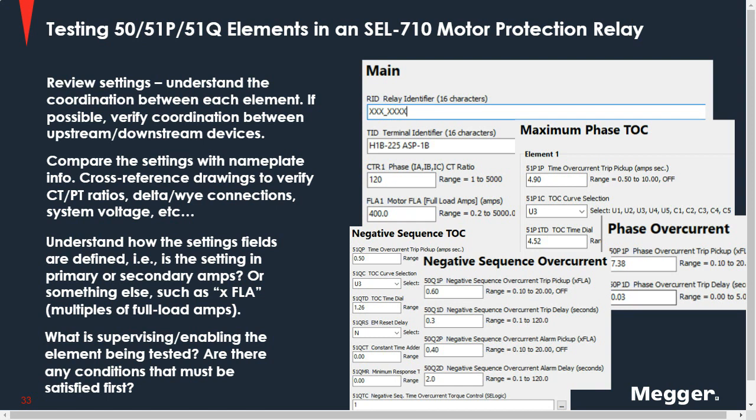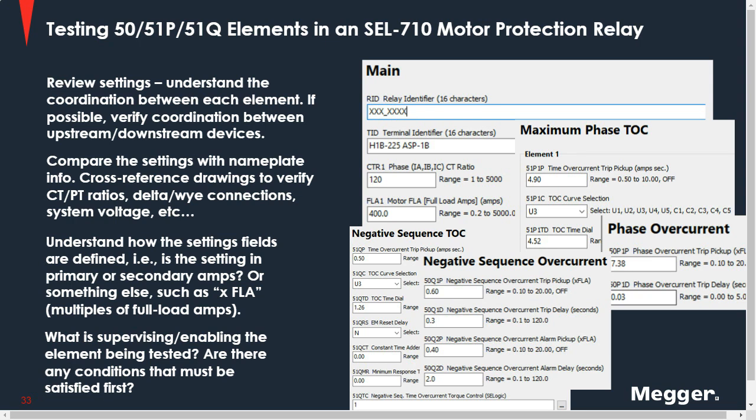At worst case scenario, maybe making that change and documenting the change, also documenting that in your records, saying that, hey, there was a 32 element that was supervising this element that I'm testing, and I wasn't able to satisfy that condition, so I changed it.